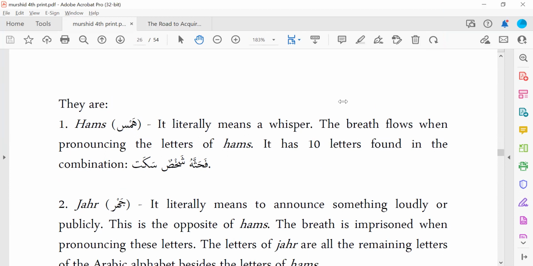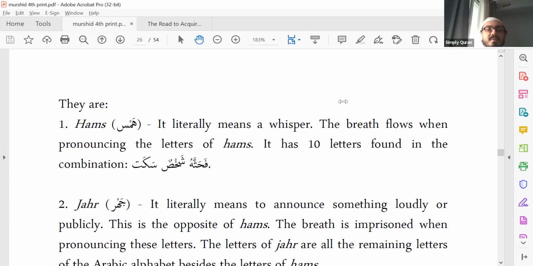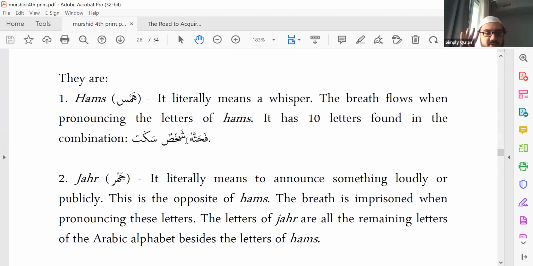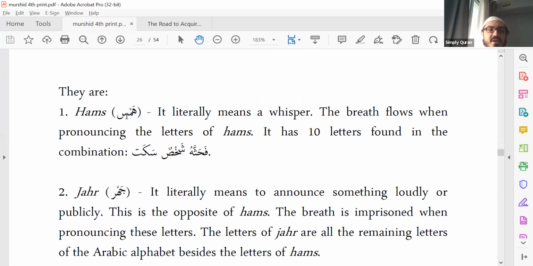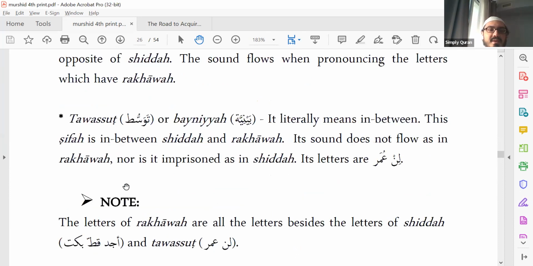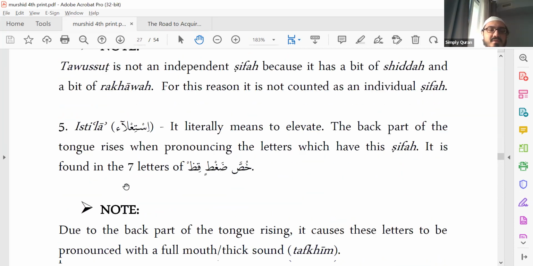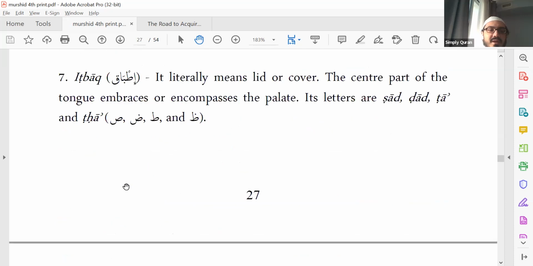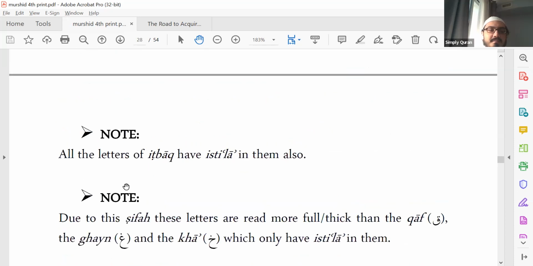Permanent. All right, alhamdulillah. So you guys are following along. Now, these have pairs. There are 4 pairs with one additional category. I'll get into it. So we have Hams, Jahr, Shiddah, Rakhawah, Isti'la, Istifal, Itbaq, and Infitah.